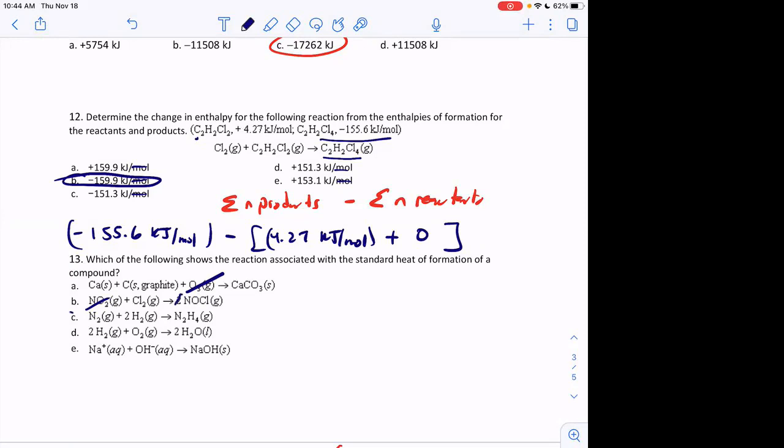Third one, C looks good. That's what Abigail said. Let's double check. D is not forming 1 mole. And those are not elemental. Elemental sodium is sodium solid. And hydroxide ion is just 2 elements. So these are no good. So C is the correct answer.